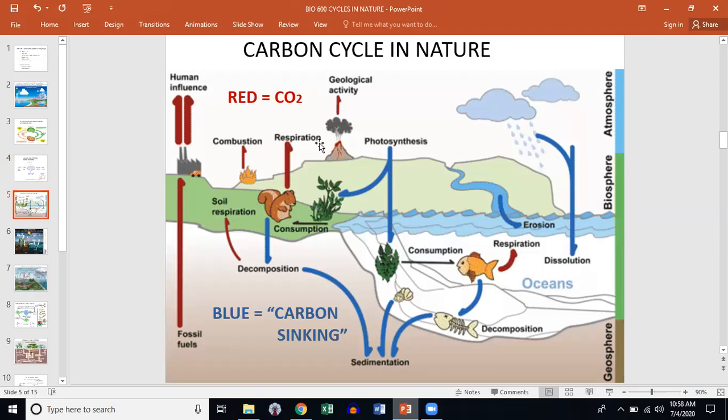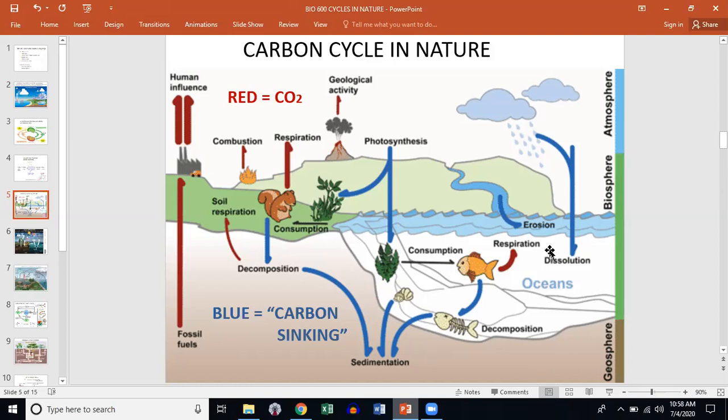So in general, the arrows here in red are CO2 being produced, and the blue is CO2 being sunk, being absorbed, carbon being absorbed and retained on the earth, all right? Either by plants, animals, or soil, where most of it is sedimented into, deposited into the crust of the earth itself.